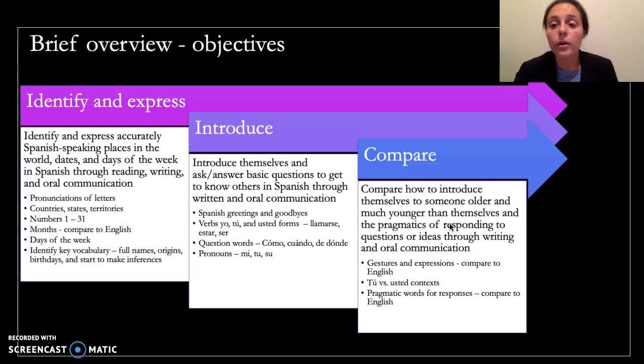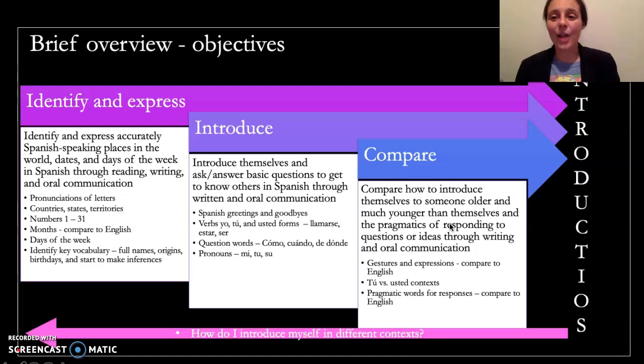This could include qué padre, genial, bueno, words that students may use in English when communicating with others and introducing themselves, but they need to be able to adapt and learn new words and new pragmatics for introducing themselves in Spanish. As you can see, all of these objectives fit under the umbrella of my thematic unit of introductions and the main question of how do I introduce myself in different contexts.